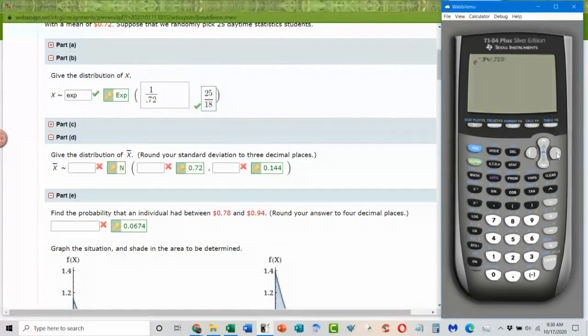And then I use this over arrow to get out of the exponent. So those of you with the older calculators, I'll show you how to do it as well. You're going to use the parentheses, and then you don't have to use that over key because it just gets out of it. Minus second ln negative 0.78 divided by 0.72.